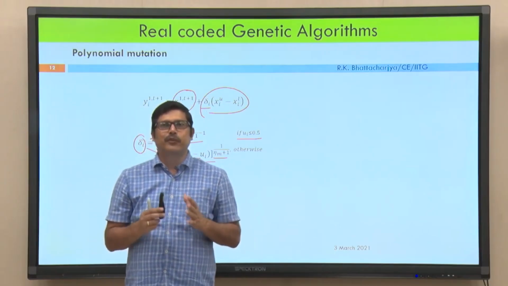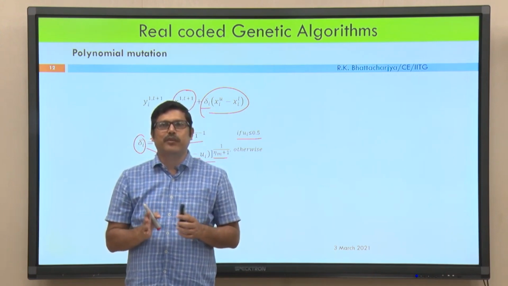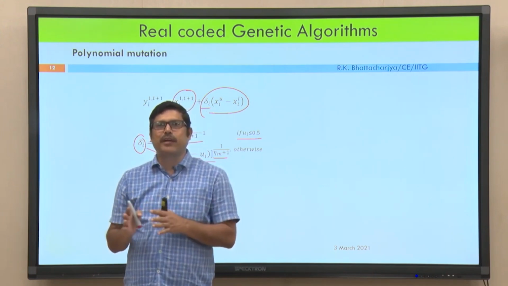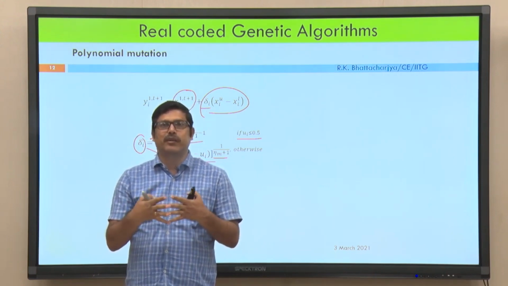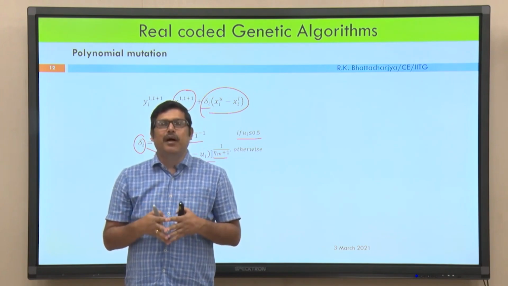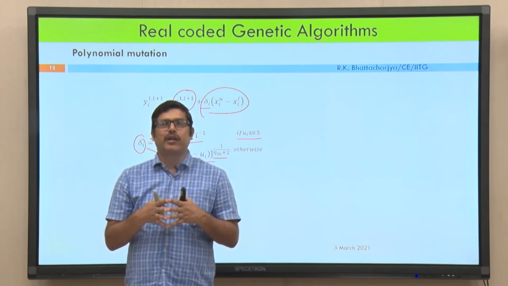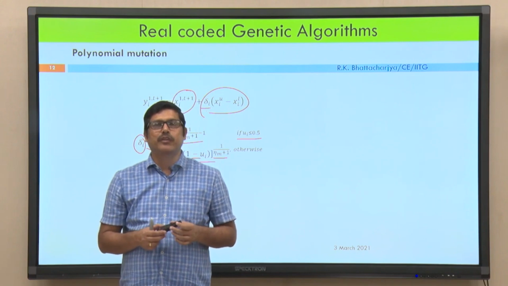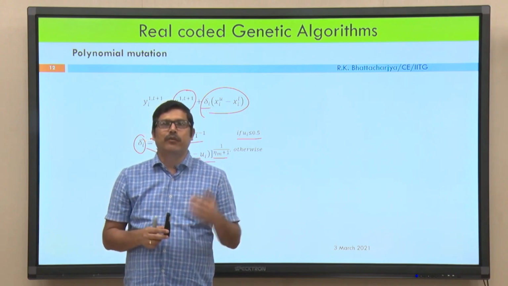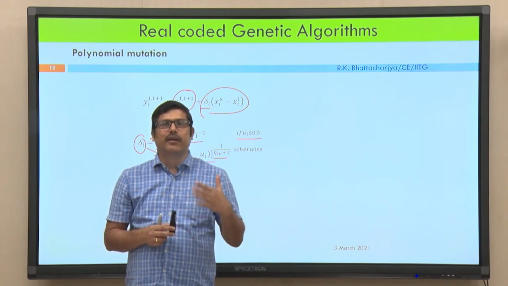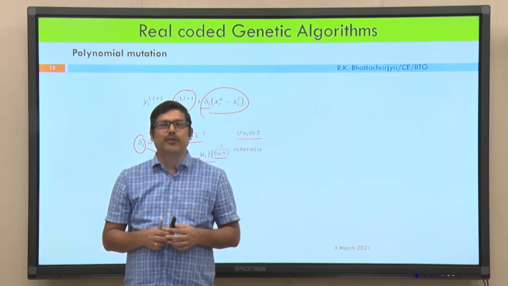There is no difference between the selection operator of real coded genetic algorithm and binary coded genetic algorithm. The selection operator is the same; the only difference is in the crossover and mutation operators. We are not using binary crossover or binary mutation, but rather real crossover and real mutation.